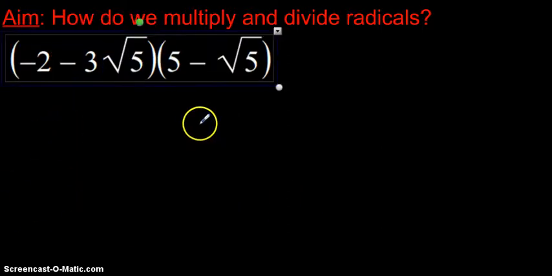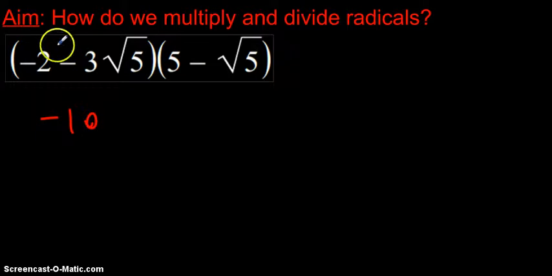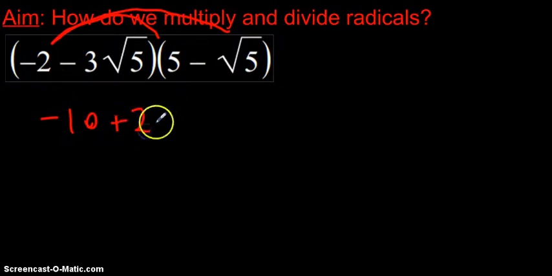Alright, so here we actually have 2 binomials, which actually have radical expressions. So we can use FOIL, just as we do normally. So negative 2 times 5 is negative 10. That's our first terms. Now we multiply negative 2 times radical 5, which is positive. 2 negatives make a positive. 2 radical 5.